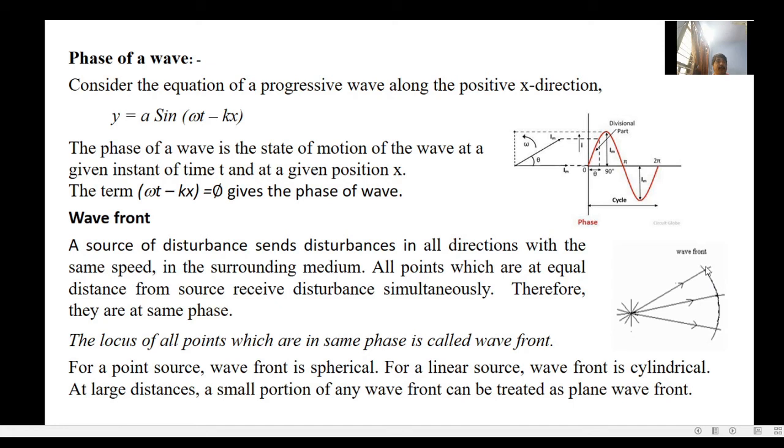Therefore, all the particles reaching this point are in the same phase. The locus of all the points which are in the same phase is called a wavefront. For a point source, the wavefront is assumed to be spherical. For a linear source, the wavefront is cylindrical. At large distance, a small portion of the wavefront can be treated as a plane wavefront.